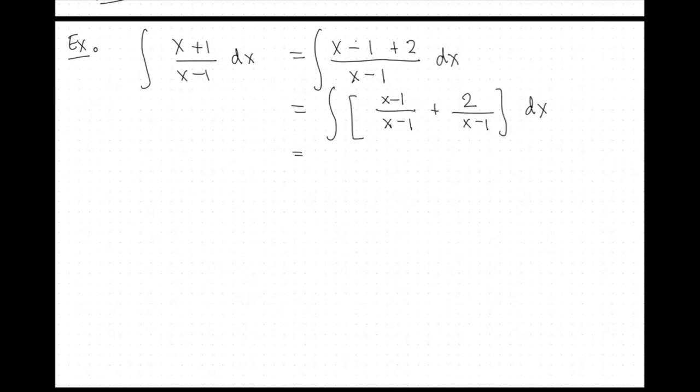Okay, this is just the integral of x minus 1 over x minus 1, so 1, plus, you can put the 2 outside. So the integral of 1 is just x. The integral of this is just plus 2 times ln of x minus 1 plus c.